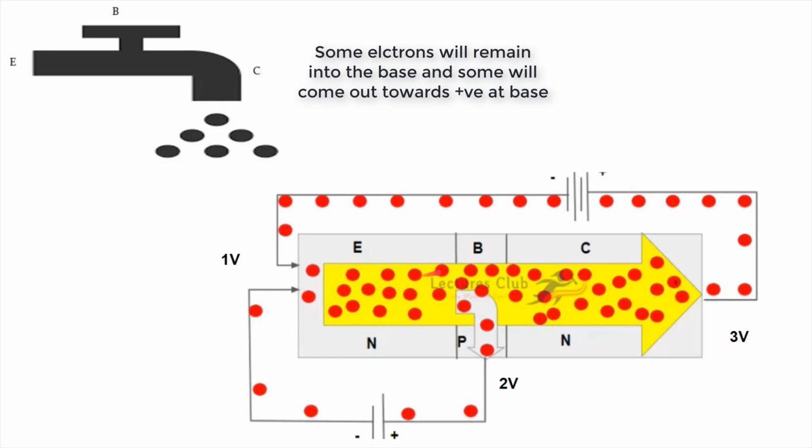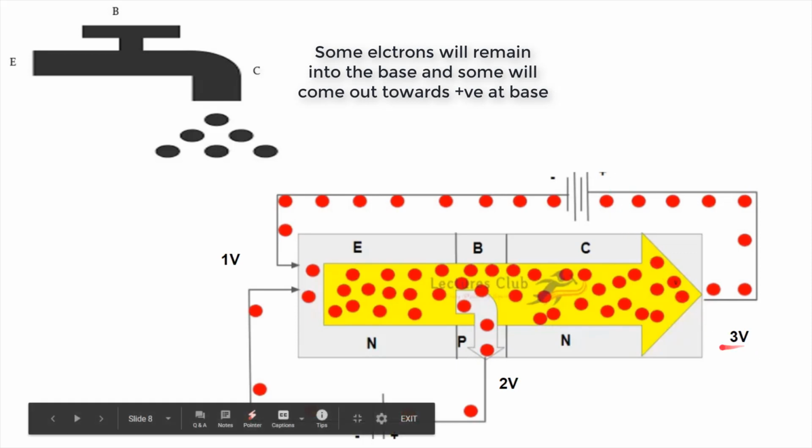When electrons come into the base, only a very small amount will remain in the base and combine with the holes, and a huge number of electrons will be attracted towards the collector, because the collector is at higher, positive potential. The collector is at 3 volt and the base is at 2 volt, and 3 volt is more positive, so more electrons will enter into the collector.